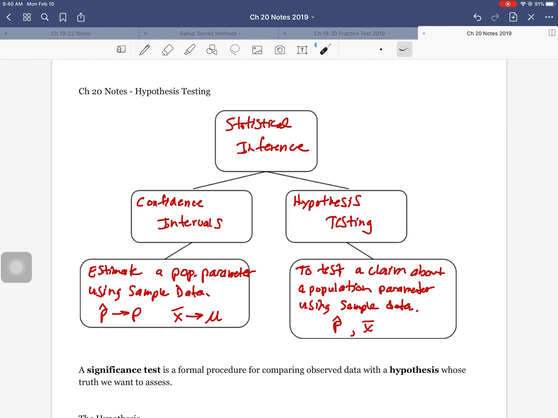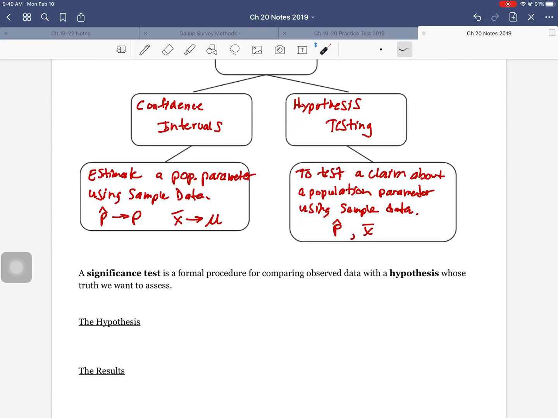Many times they will be used in unison though, because first we'll test a claim about a population parameter, and if we find out that the claim is false, then we'll use a confidence interval to estimate where the actual population parameter is located. So hypothesis testing and confidence intervals go hand in hand.